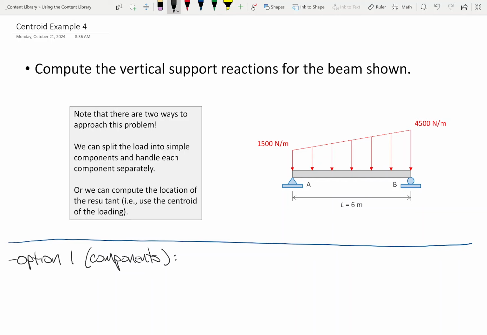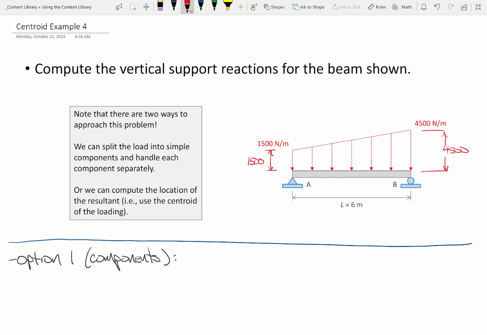What I'm going to do is treat these numbers, this 1,500 and this 4,500, like they're dimensions, okay? I'm literally treating it like a height, that height is 1,500, and I'm treating this height like it's 4,500.